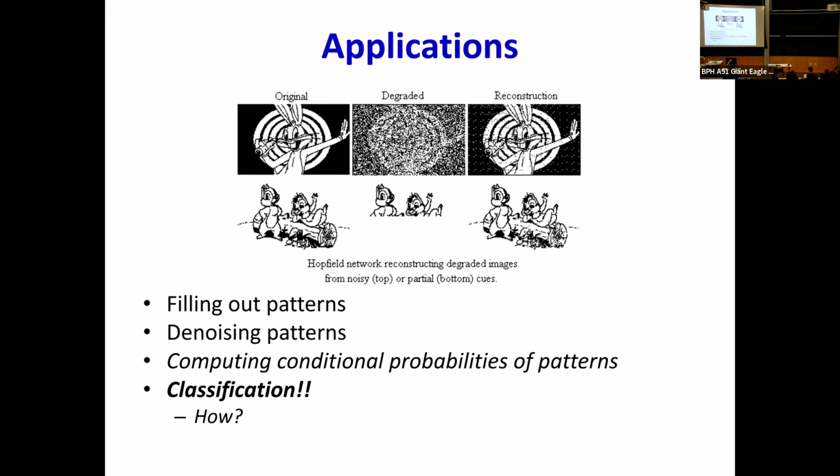And the way you would use it for classification is that these hidden values, I can actually say that my pattern has my features, and these could be my class label. My class label itself can be represented as a binary pattern, one hot or anything else. And then these would be my hidden bits.